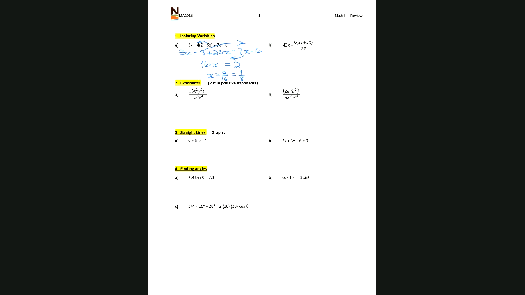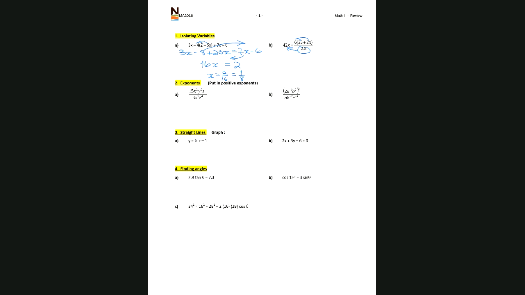For question B, we'll need to multiply the 6 in the bracket again, but this time we have a fraction. So the simplest way to get rid of the fraction is to cross multiply the denominator on the other side. So I'm going to do that in the same step.